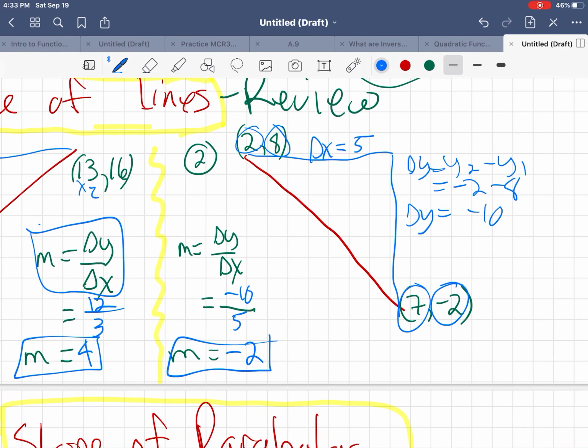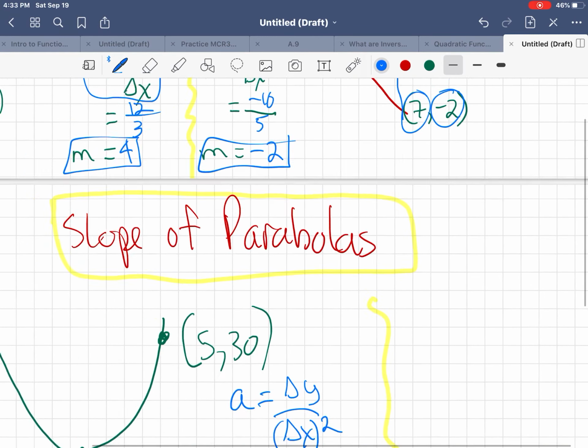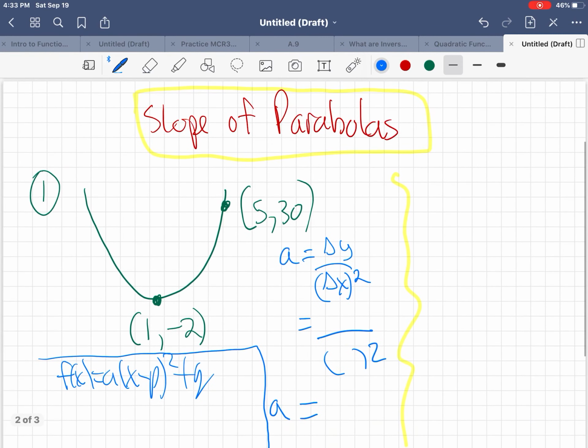Well, we know that m, the slope of a line, is related to a, the slope of a parabola. The way we do slope of a parabola is we always go from the vertex. We have to start at the vertex to get the slope of a parabola to any other second point on the curve, and you should go to a point to the right, though you can use symmetry to get a point.